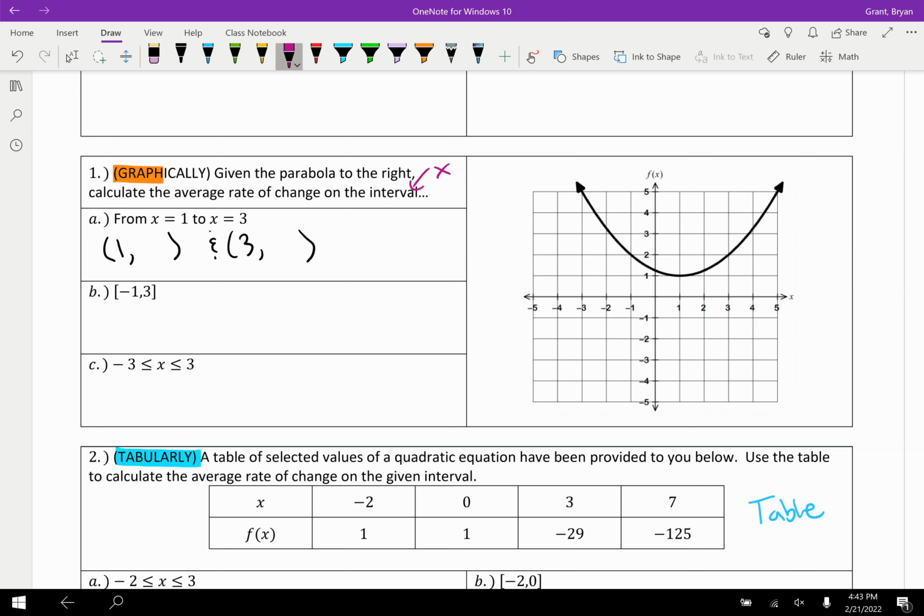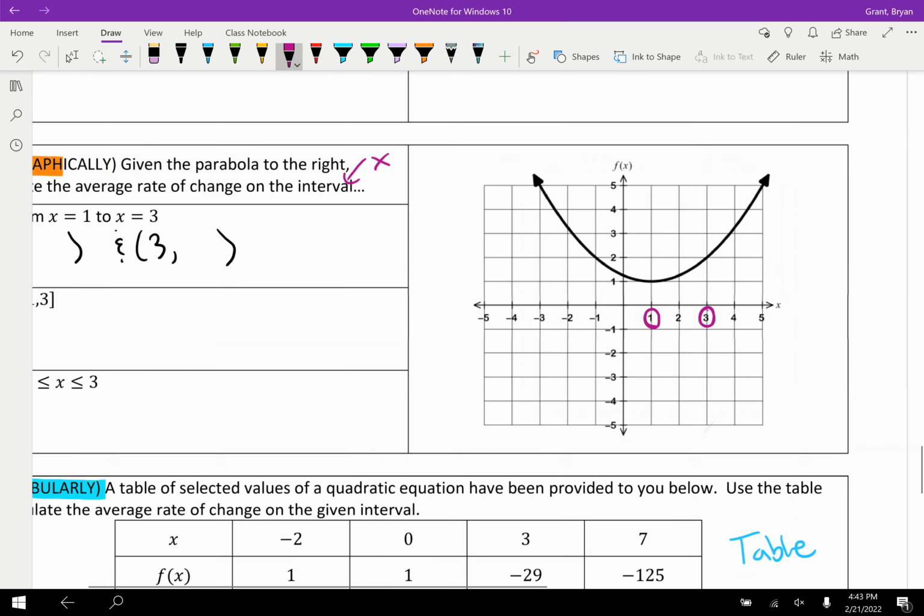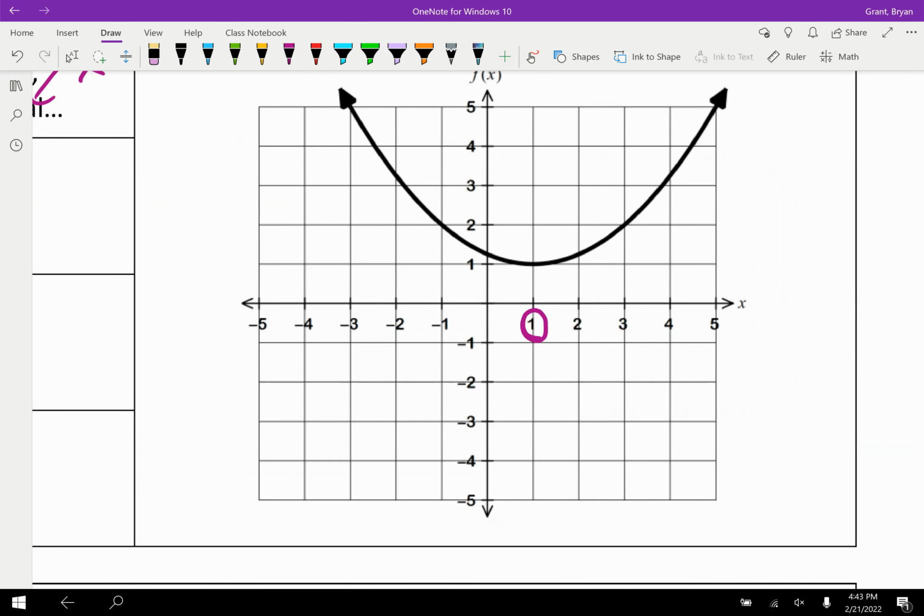To do that, on this situation, graphically, we are shockingly going to look at the graph. So x equals 1 and x equals 3. Now I'm just going to focus on x equals 1 for a minute. X equals 1 actually has an infinite number of points, right? This point up here is the point 1 comma 5. This is 1, 4, 1, 3, 1, 2, 1, 1, 1, 0. We have all the negatives, and we even have points in between.